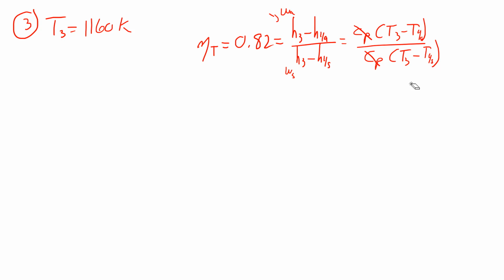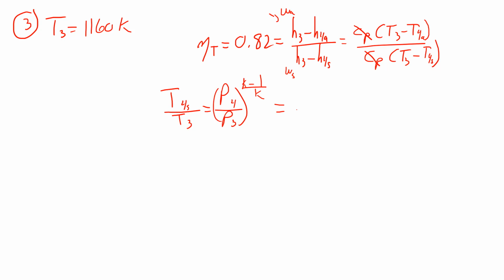So the isentropic efficiency is T3 minus T4 actual divided by T3 minus T4 isentropic. How do I get T4 isentropic? That would be the temperature of an ideal gas with constant specific heats after an isentropic process. So T4 isentropic over T3 equals P4 over P3 to the K minus 1 over K.